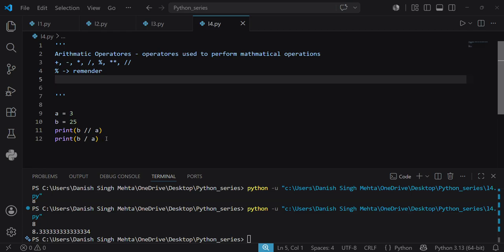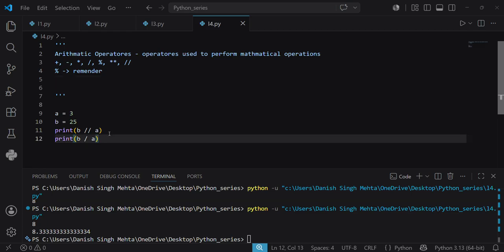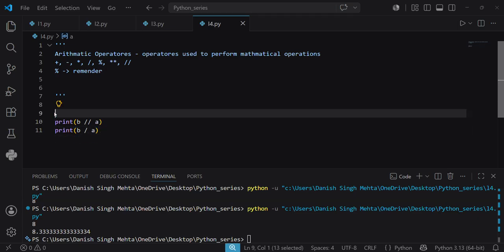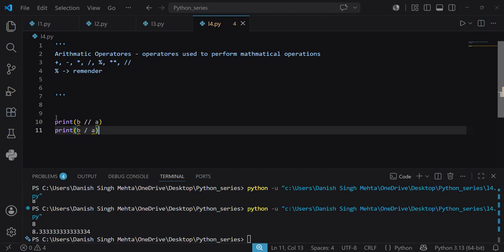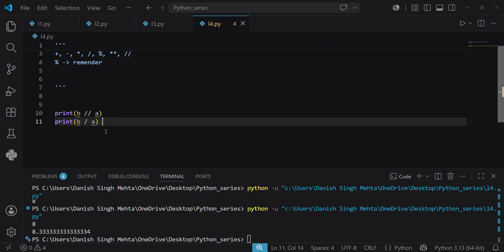For example, assume we have some values of a and b, and the normal division gives an output of 3.9.